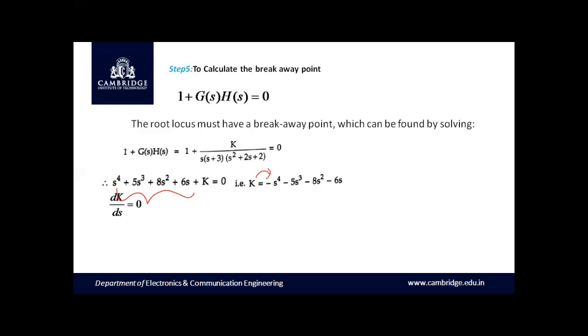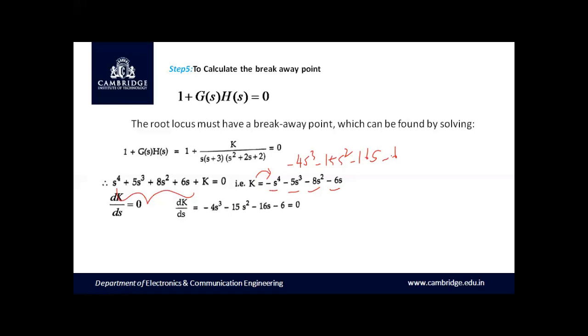Here differentiation of minus s to the power 4 is minus 4s cube and differentiation of minus 5s cube is minus 15s square and the differentiation of minus 8s square is minus 16s and the differentiation of minus 6s is minus 6.